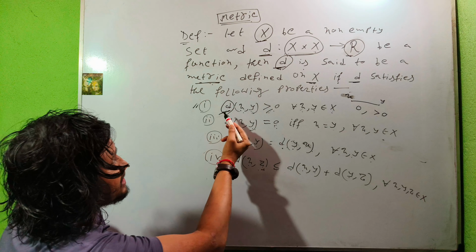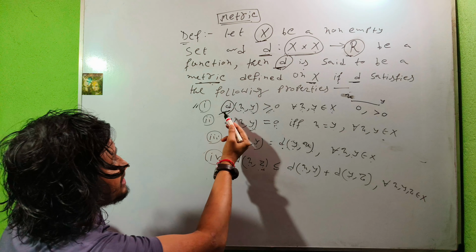The third one is that the distance between X and Y is equal to the distance between Y and X, for all values of X, Y belongs to X. It means that if we consider the distance between Mumbai and Delhi, the same distance will be covered from Delhi to Mumbai as from Mumbai to Delhi.